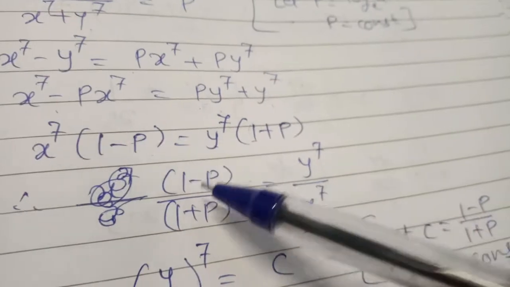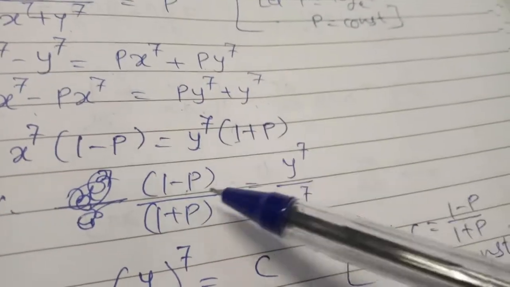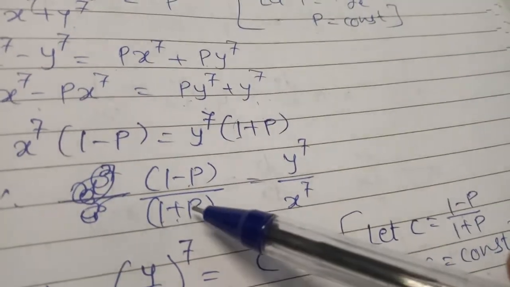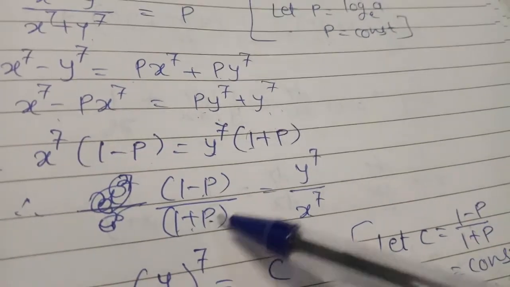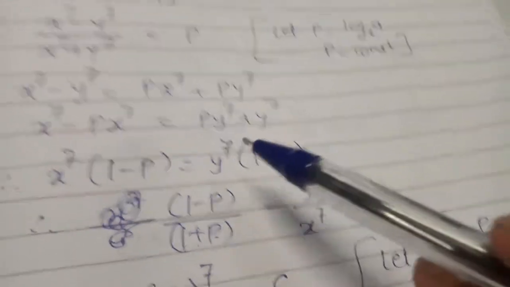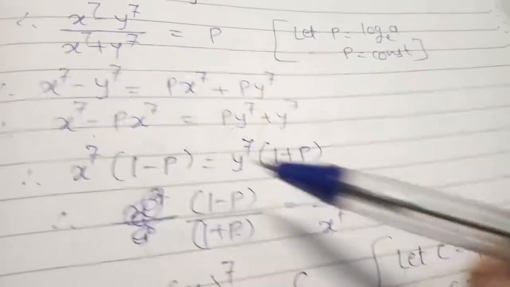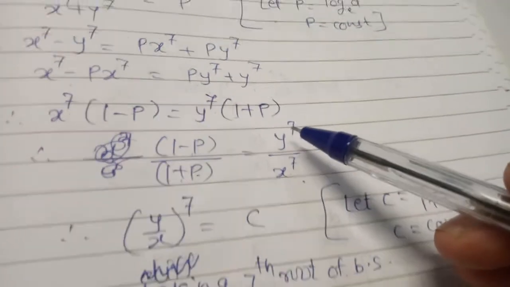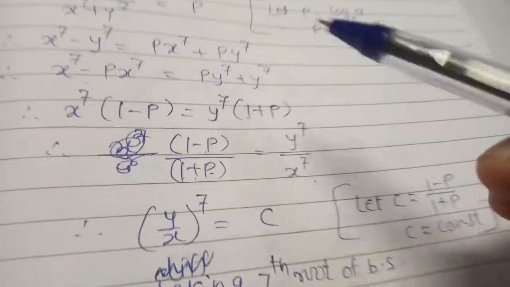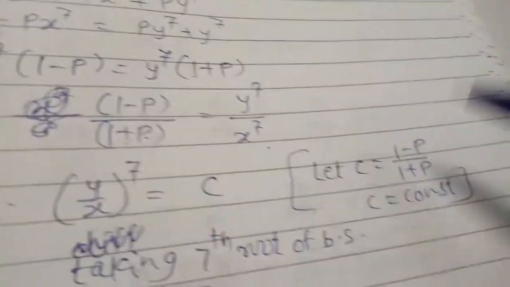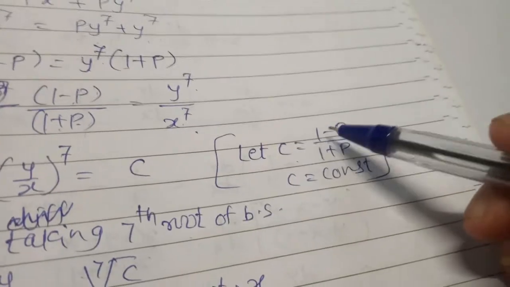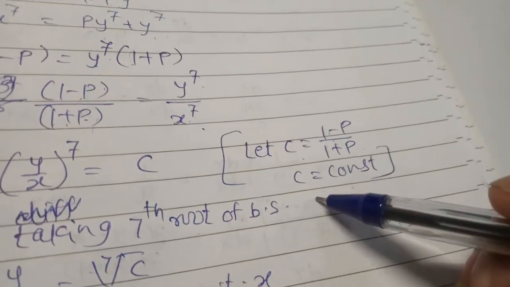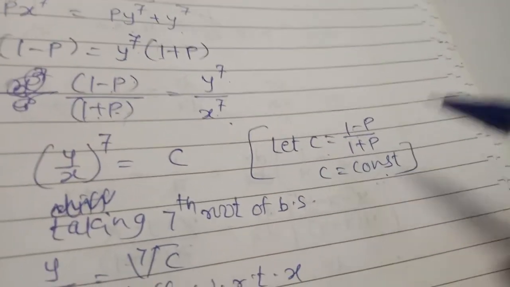So y^7 as it is upon x^7. Now we take one letter for this bracket because these are constants, so we put c is equal to (1 - p)/(1 + p), and c is the constant.